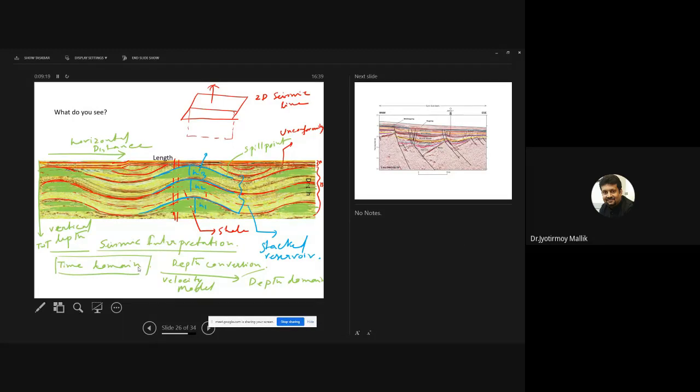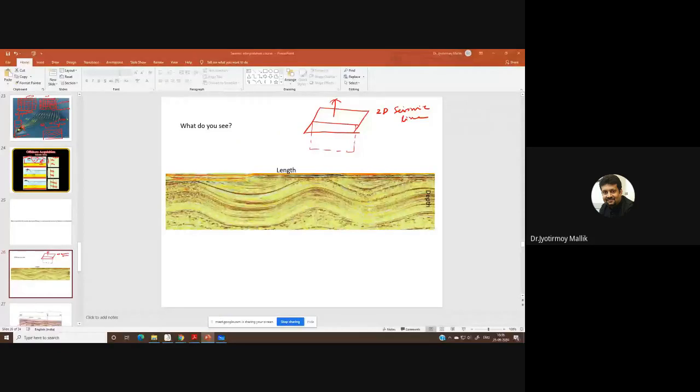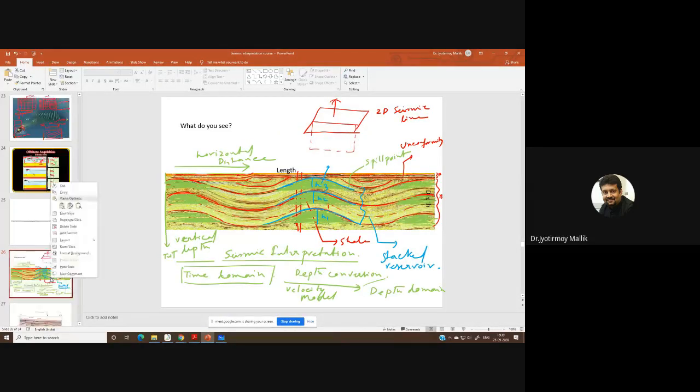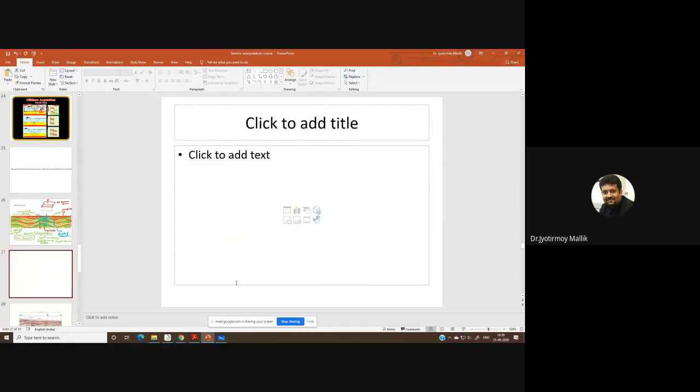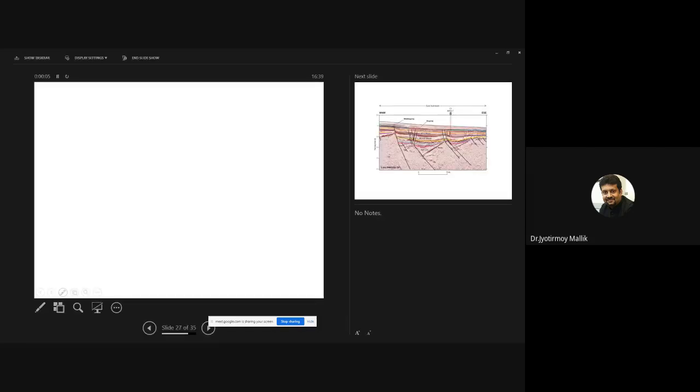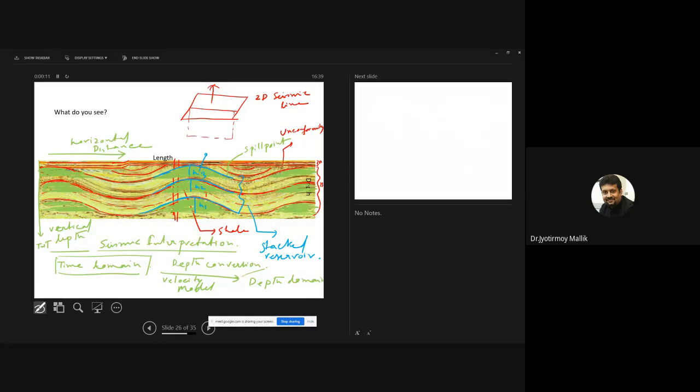So this is one part of seismic interpretation. The other thing that you do in seismic interpretation is, suppose this is the reflector that I am interested in.